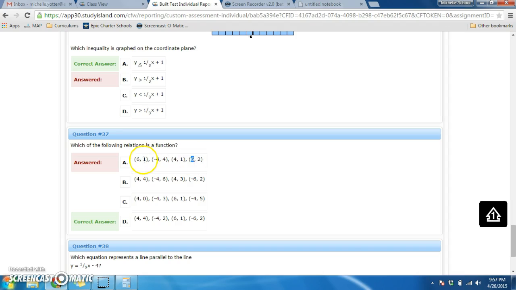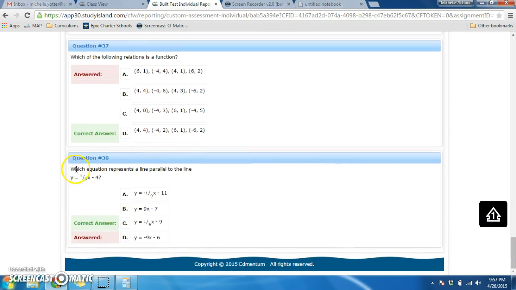So we have a 6 here and a 6 here, so it can't be that one. This one is (4, -4), (4). Two 4s repeat, so it can't be that one. This one is (4, -4), (6, -4), (-4, -4), so it can't be that one. This is (4, -4), (6, -6). Okay, so this is the correct answer.